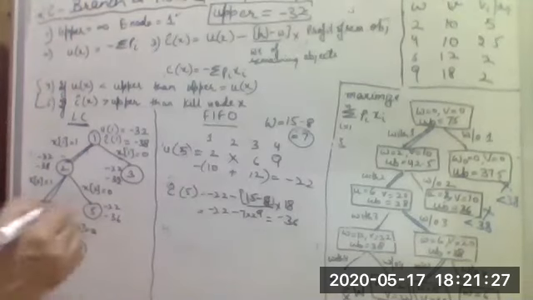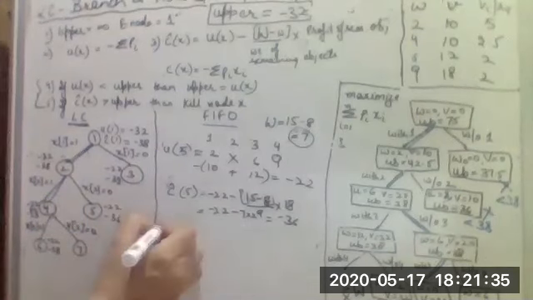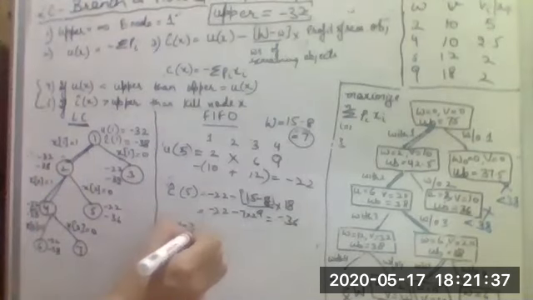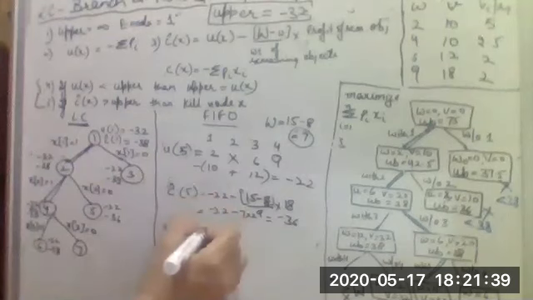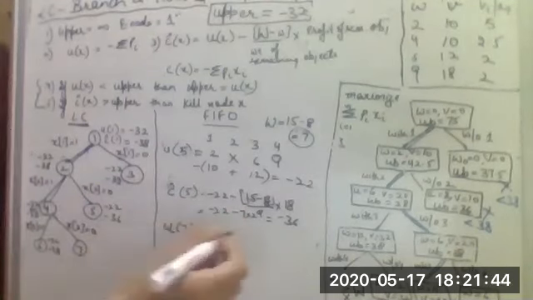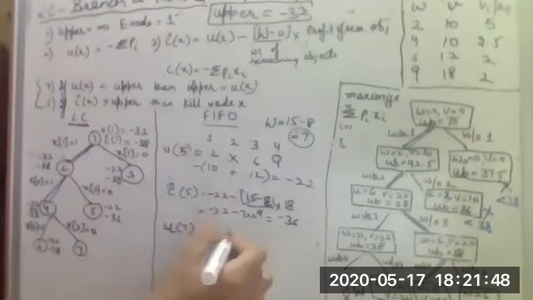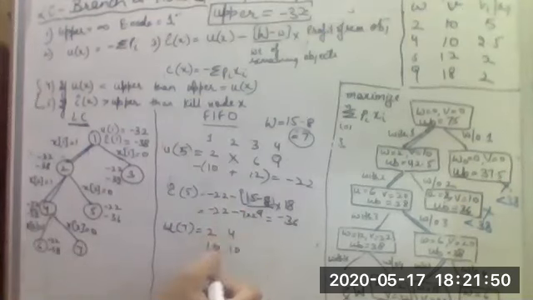Whereas when we are not going to include this third element, then the U and the C cap X values will change. So for the seventh node, we are going to take the first element, which has a weight of 2 and profit of 10, and the second element also, which has a weight of 4 and a profit of 10, and we are not going to include the third element.